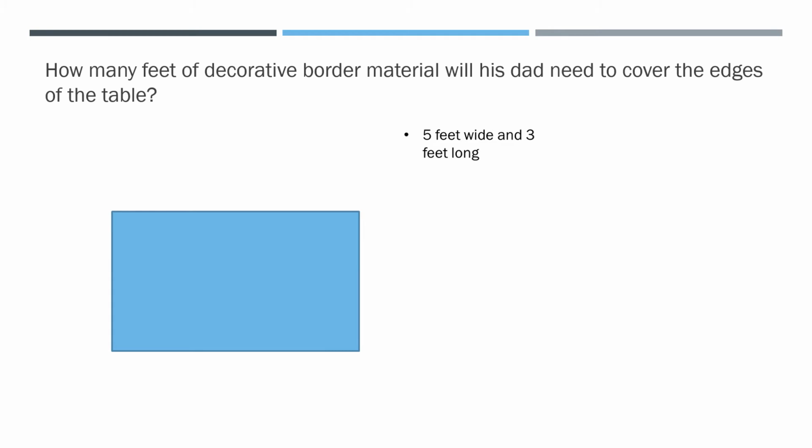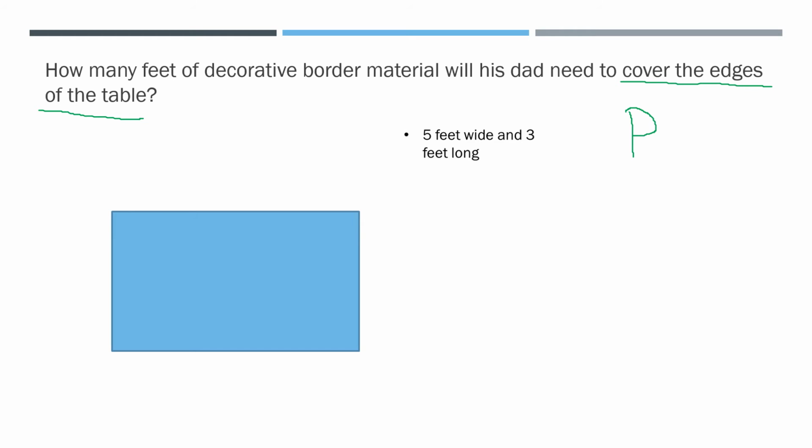Our next question is, how many feet of decorative border material will his dad need to cover the edges of the table? As I read this question, my eyes go straight to cover the edges of the table. This tells me that we're working with perimeter.